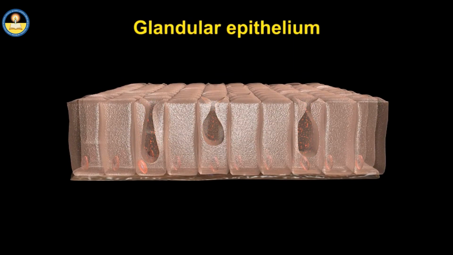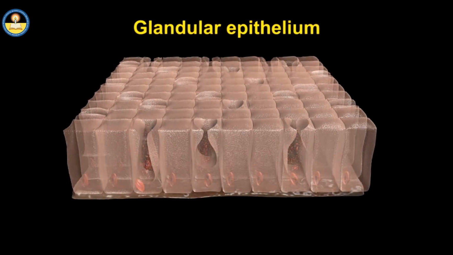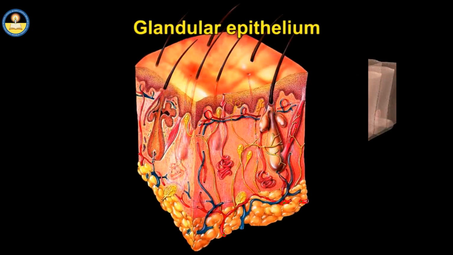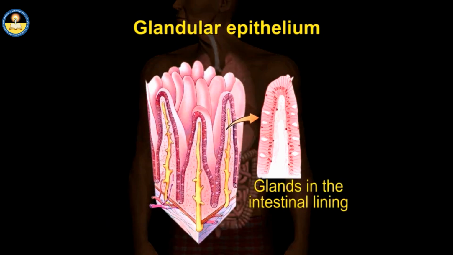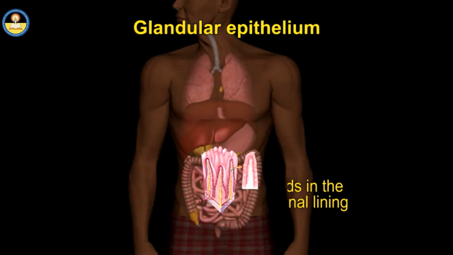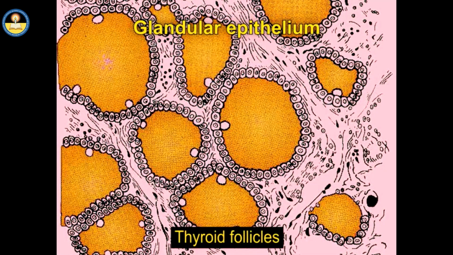The cup shape of goblet cells is filled with mucus droplets that are released into the lumen of the tract. Goblet cells are actually unicellular exocrine glands. Examples include sebaceous glands of the skin, glands in the intestinal lining, and many endocrine glands releasing hormones, such as the thyroid follicle.